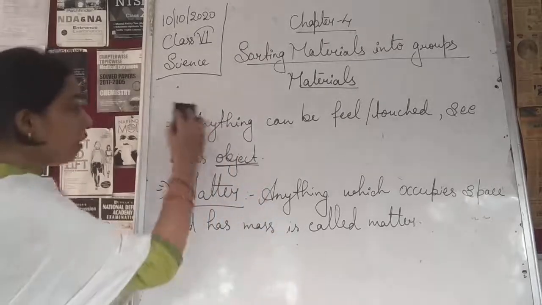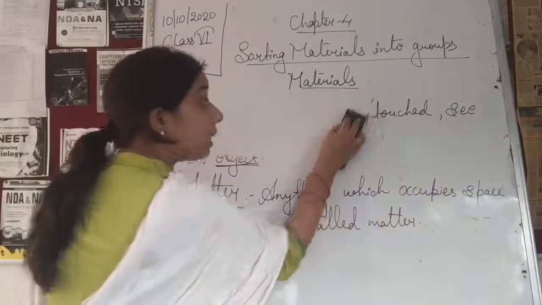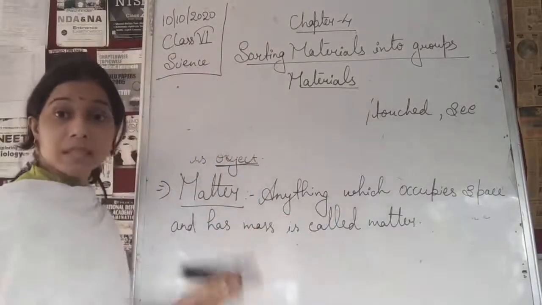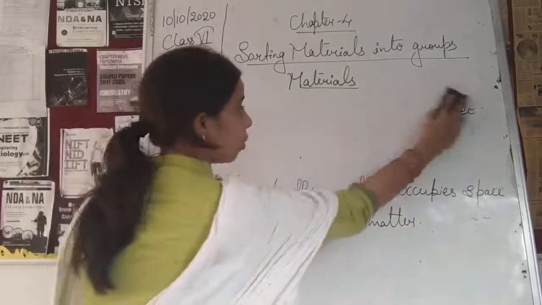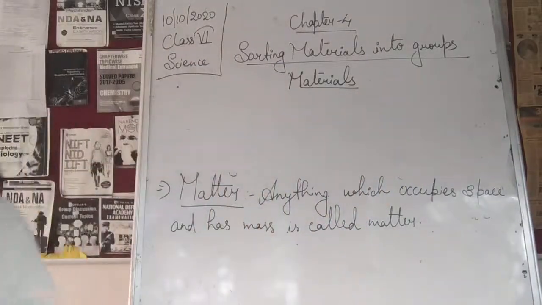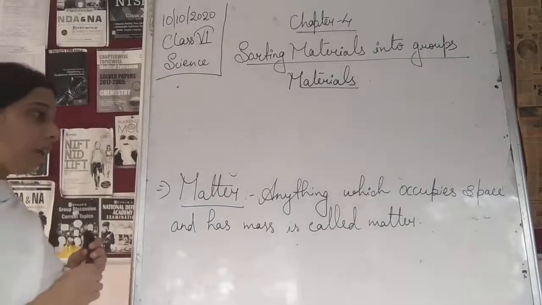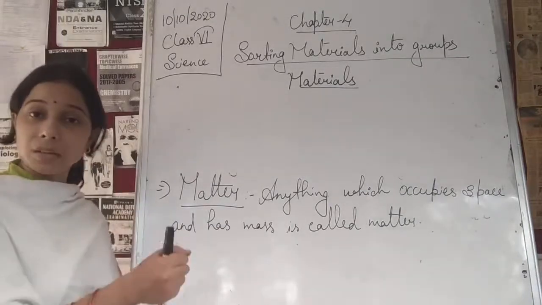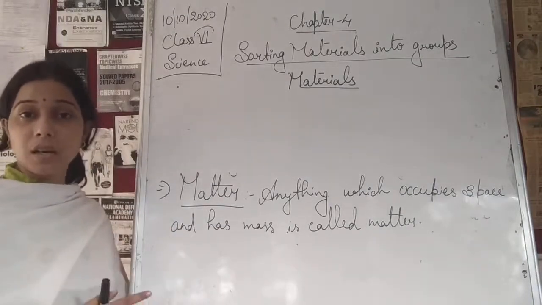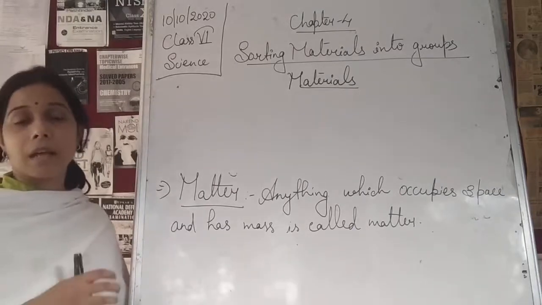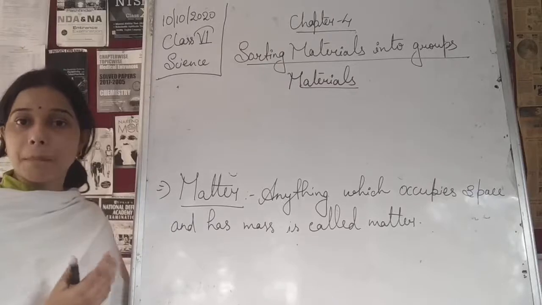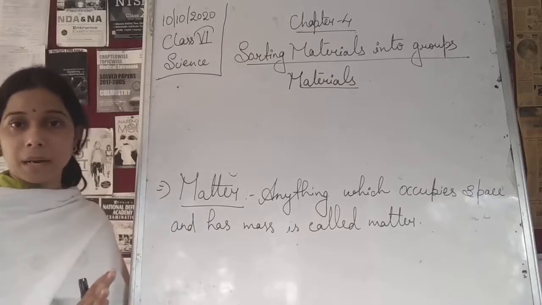But the things which we can touch and which we can see are known as objects. The thing which can occupy space and has some mass is matter.